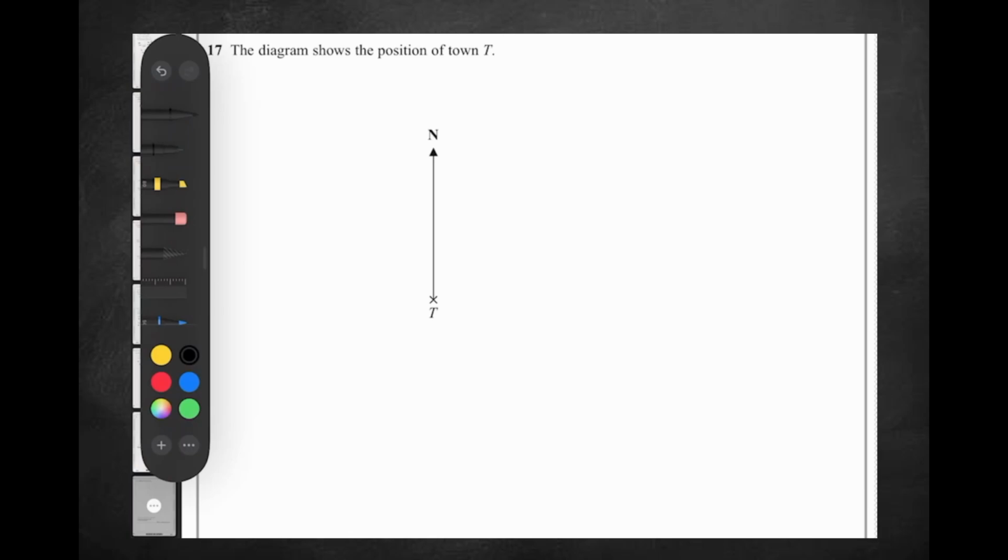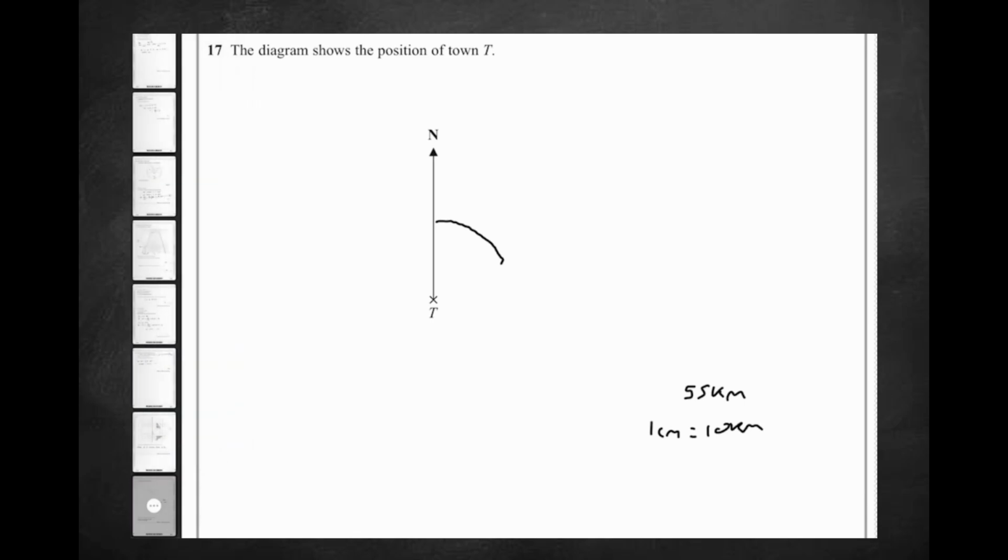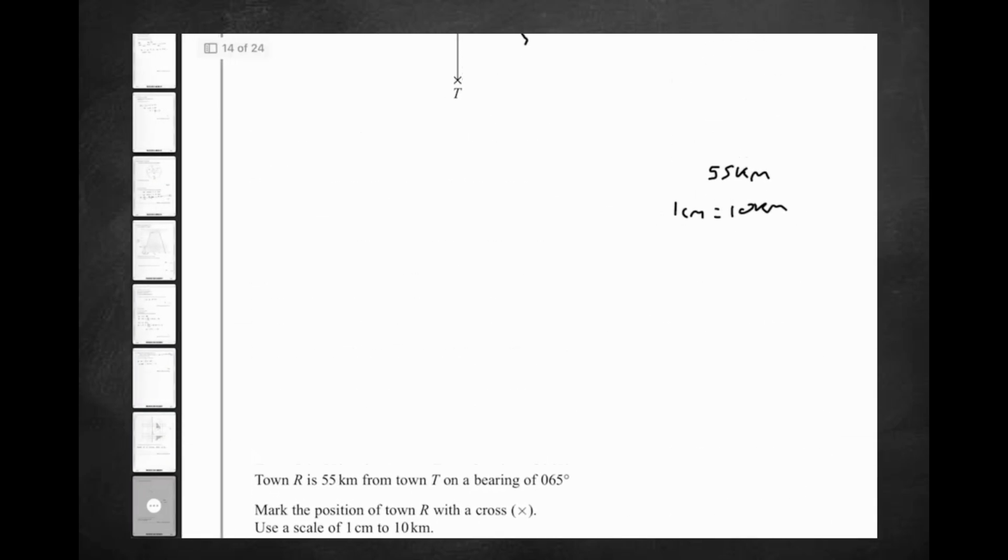So we basically want to show a 65-degree angle from north, and then we want the distance from T, and I'm going to write it over here. It's 55 kilometers, and they've told us 1 centimeter equals 10 kilometers. I'm just going to double check that that's what it says. 55 kilometers, 1 centimeter, 10 kilometers.